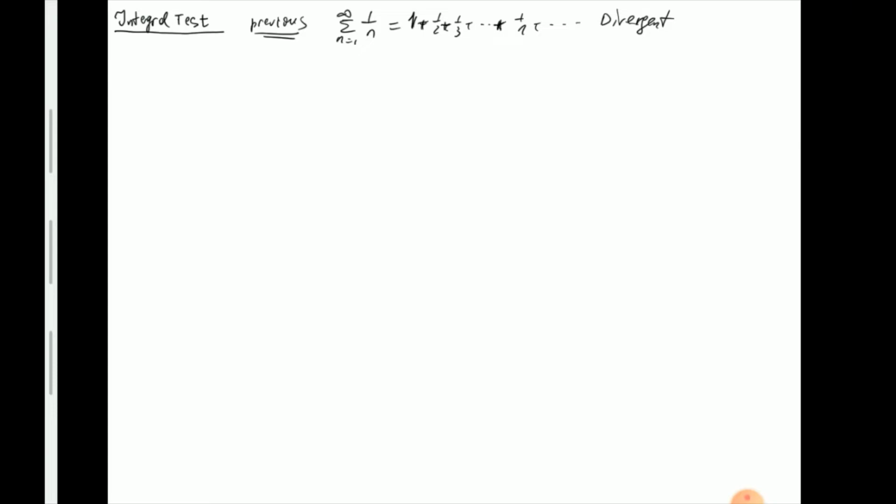So given a series with positive terms, a_n positive and also a_n decreasing, suppose we consider the function associated with the sequence that forms this infinite sum.